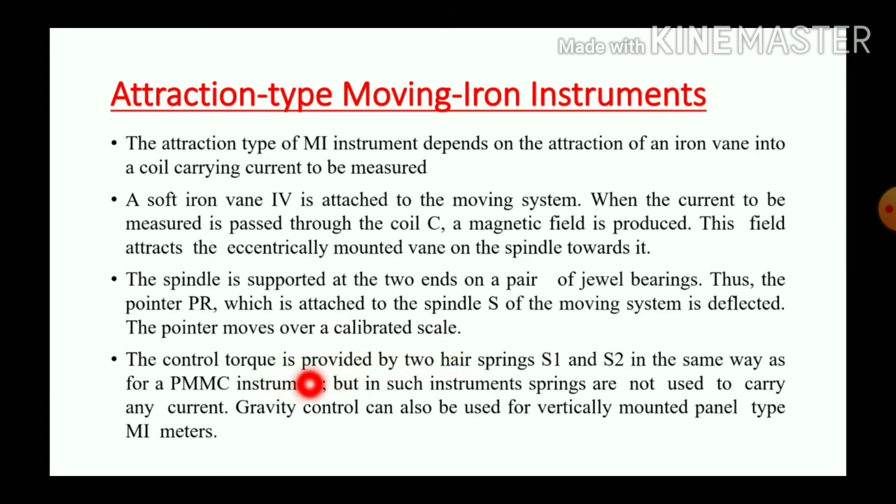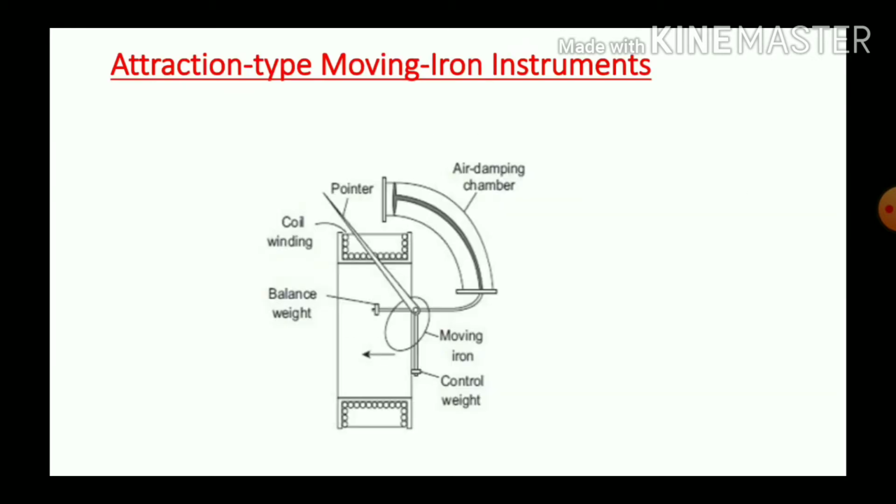The controlling torque is provided by two hairsprings S1 and S2 in the same way as for a PMMC instrument. But in such an instrument, the springs are not used to carry any current. And gravity control can be used for a vertically mounted panel type moving iron meter. Here, if an unknown quantity is allowed to flow through the coil, it acts as an electromagnet and produces a field.